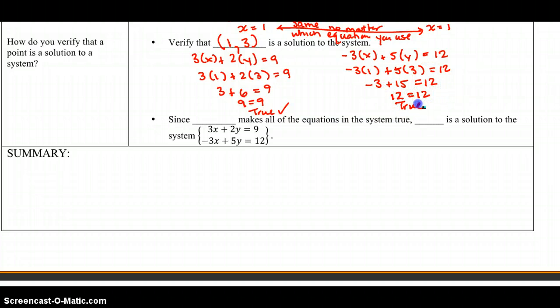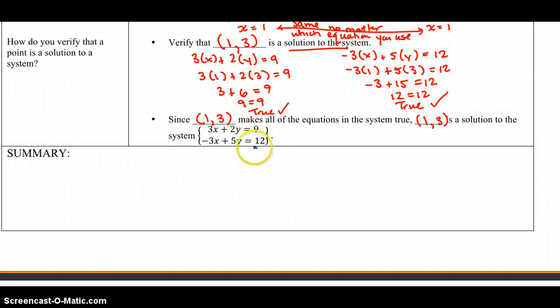So that point also makes our second equation true. So this point makes both equations in our system true, so it has to be the solution to the entire system. Okay, so since 1 comma 3 as an ordered pair, so parentheses, makes all of the equations in the system true, 1 comma 3 is a solution to this system of equations.